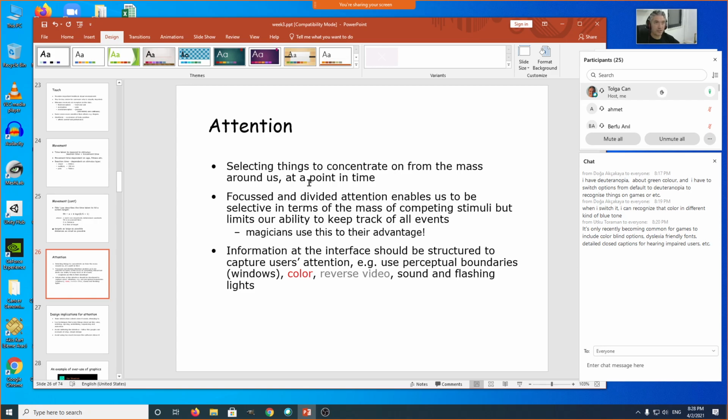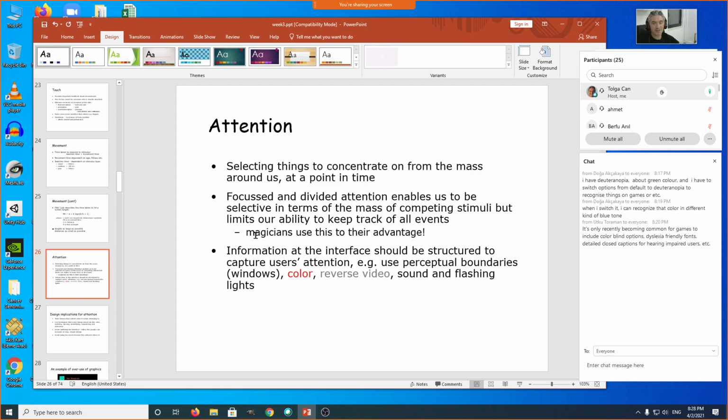So attention is the process of filtering certain things out and focusing on a certain part of the visual signals. Focused and divided attention enables us to be selective. So we filter certain things, and this limits our ability to keep track of all events.